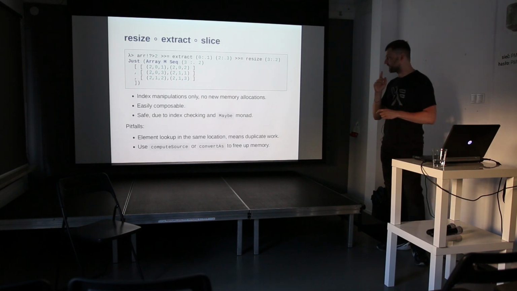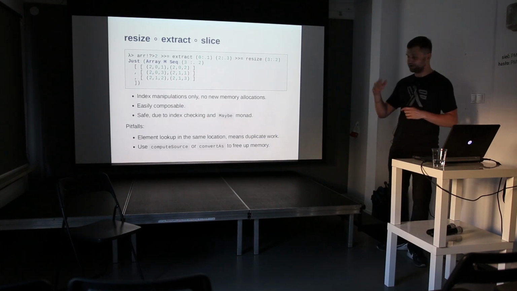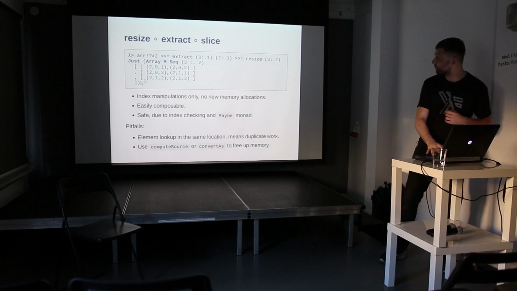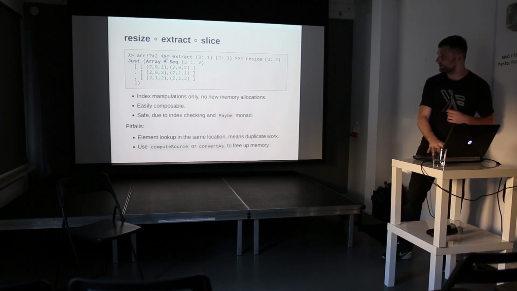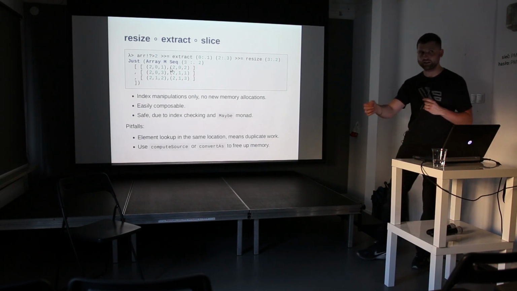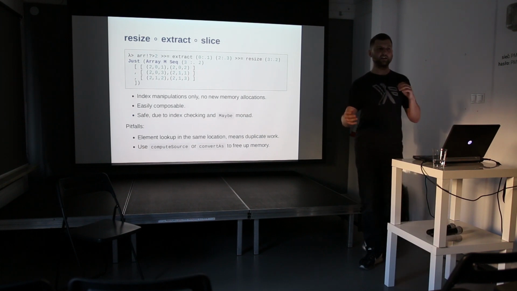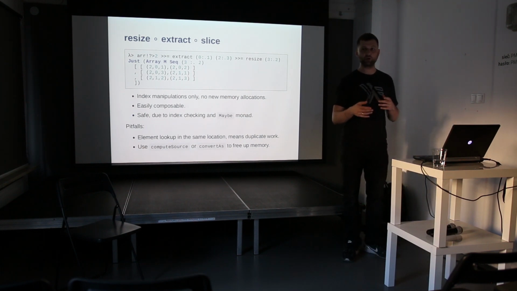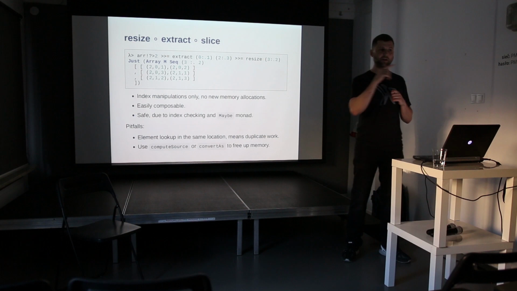Another point is whenever you have a slice and this sort of chained operation like here, if you try to index this resulting array, it will be constant time indexing, but every time you do an index, it will have to do the index manipulation in order to figure out where this part is in memory.